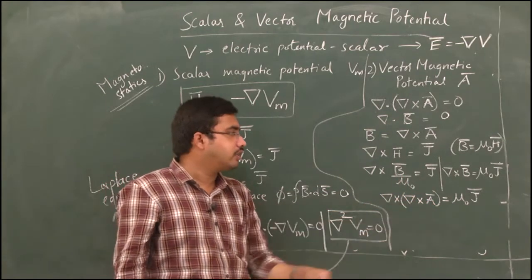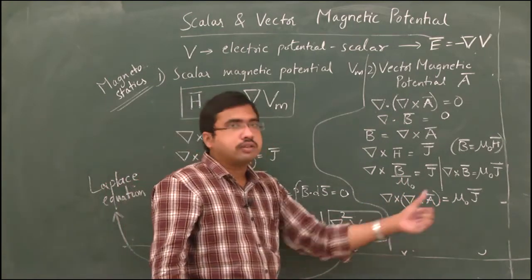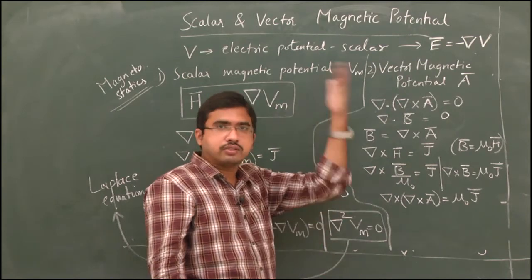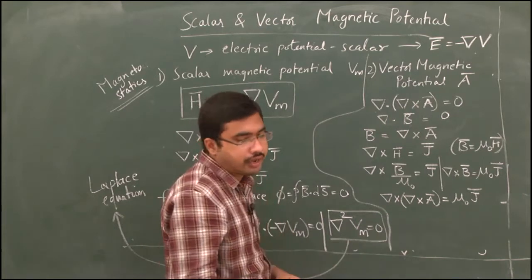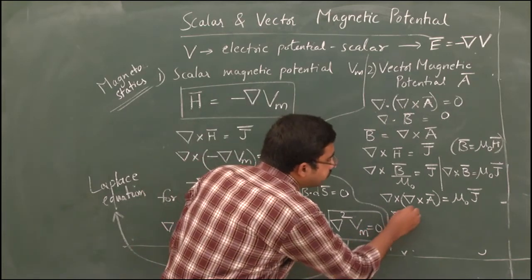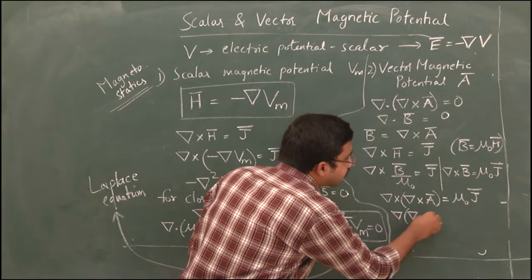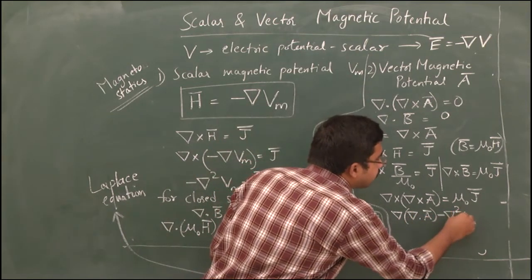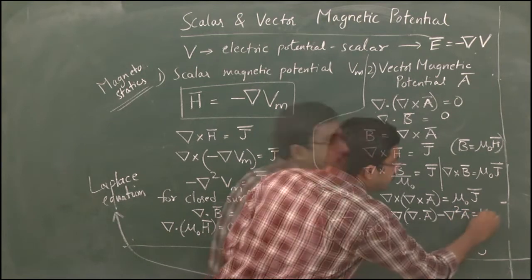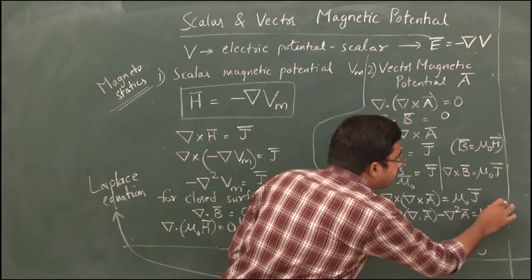Okay. So after this, del cross del cross A bar, from the previous concepts, can be written as del into del dot A bar minus del square A bar is equal to mu naught into J bar.